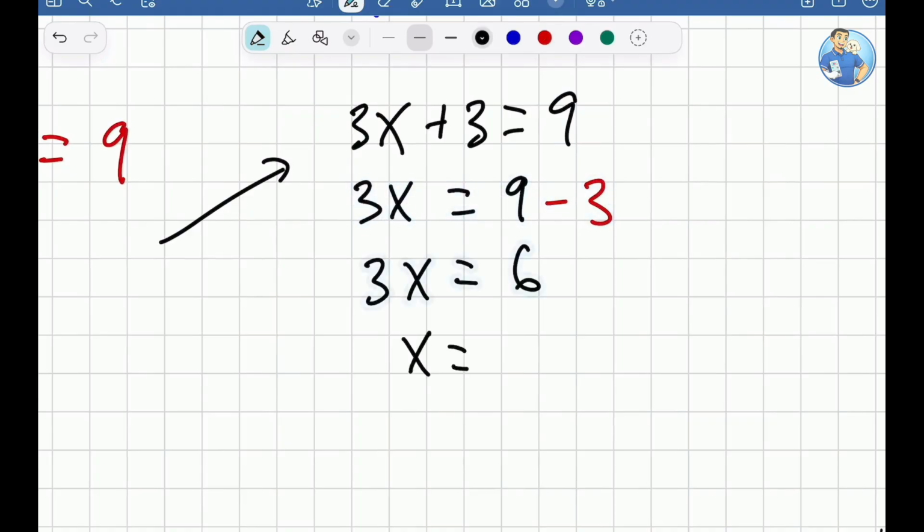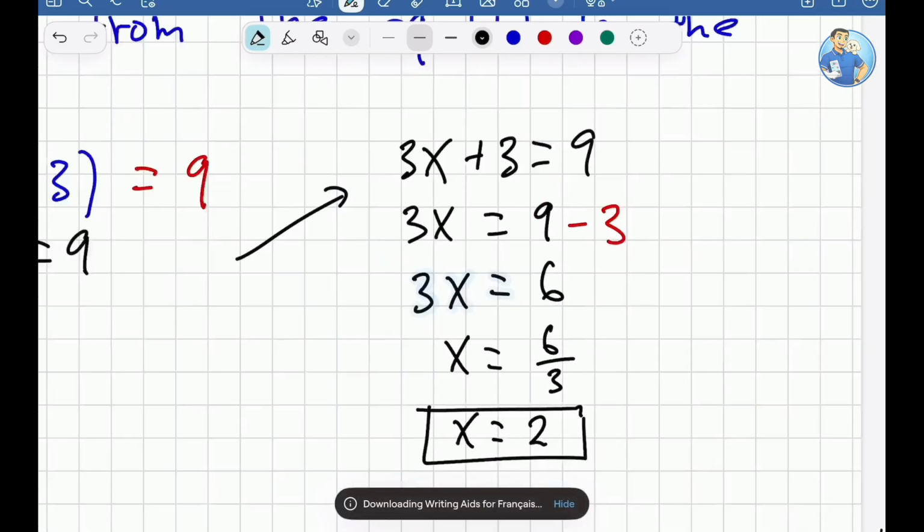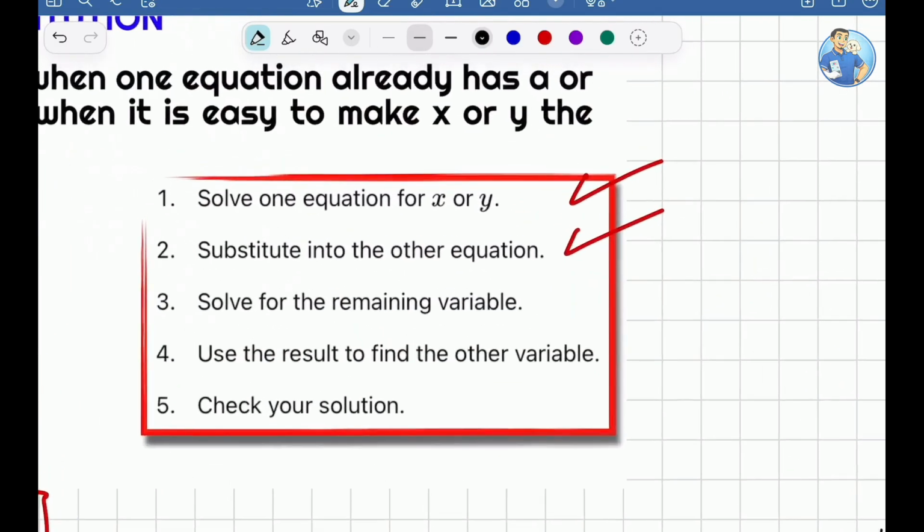Finally, our x is going to be, now the opposite operation will be a division, so our x is 2. This is when we solve for the remaining variable. So we have done this one.